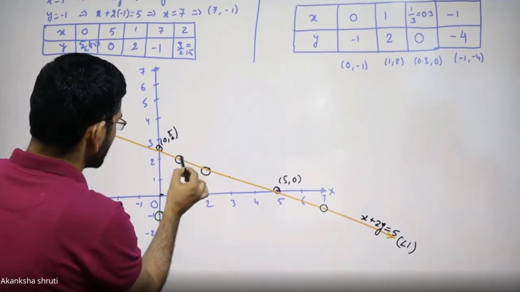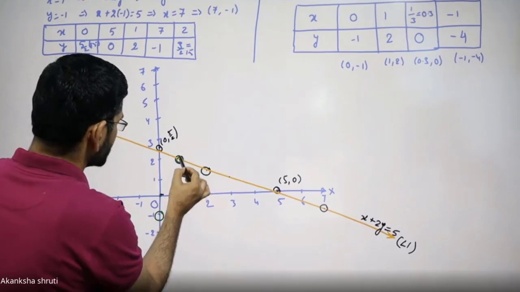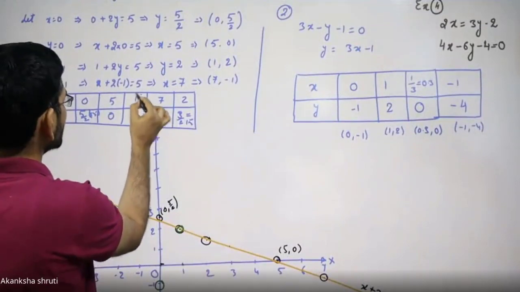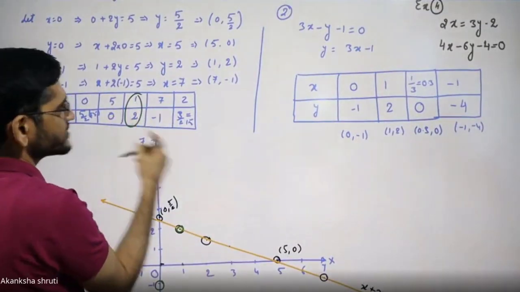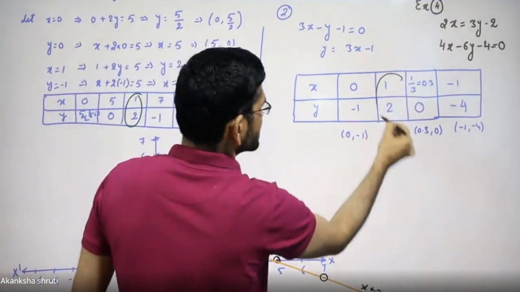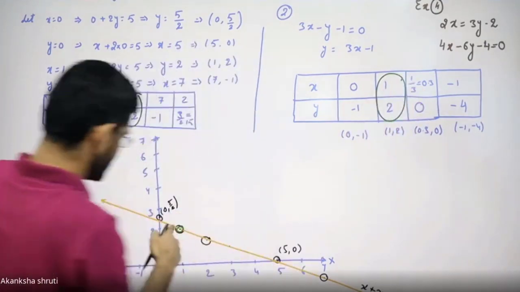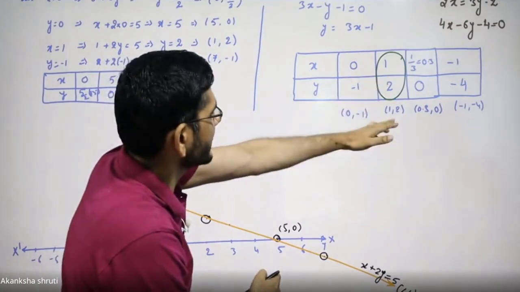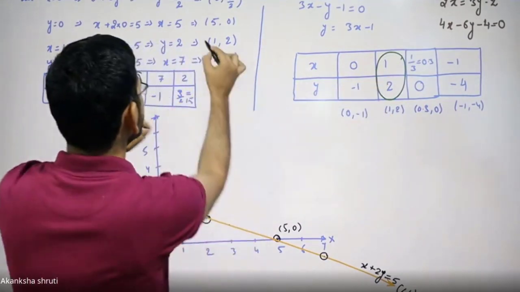Again, it is coming at this same point, which was already there earlier. See, you can see here, it was also x is equal to 1, y is 2. Here, x is equal to 1, y is 2. Means it is the coinciding point. From the values we have taken, directly we can say 1 and 2 is the solution.